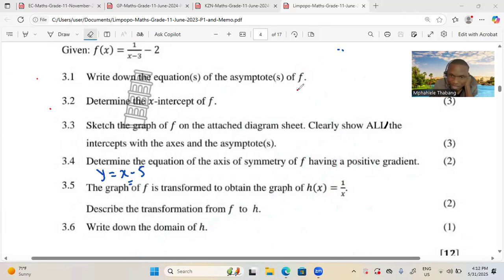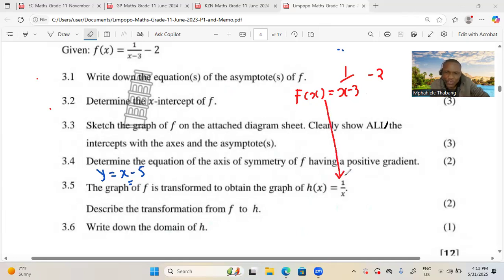So they transformed f of x. Remember, f of x equals 1 over x minus 3, there is minus 2 here. So they ask what happened for us to move from this f of x to h of x.